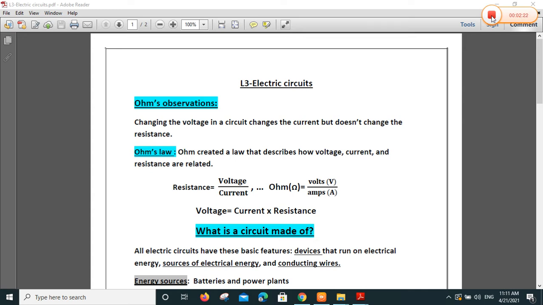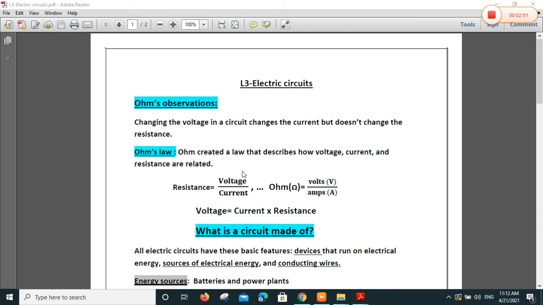So Ohm made a law, and this law is called Ohm's law. Ohm created a law describing the relation between voltage, current and resistance. Resistance equals voltage divided by current, or voltage equals current times resistance.